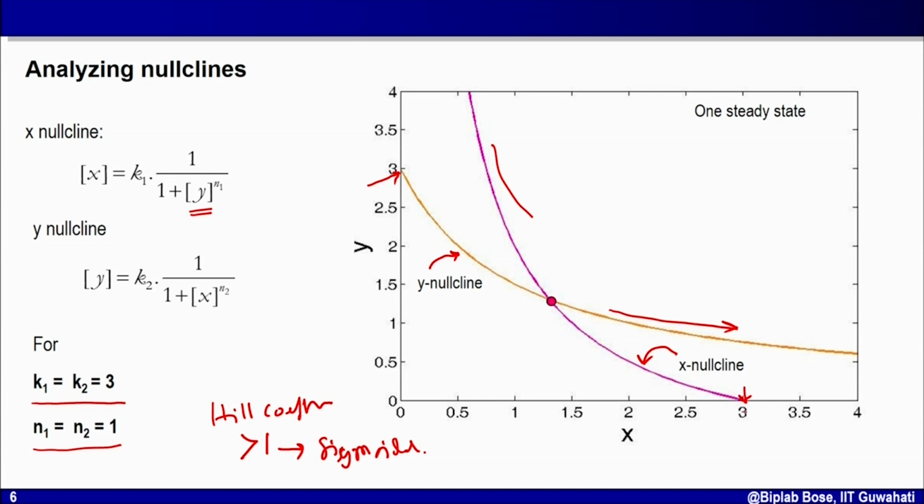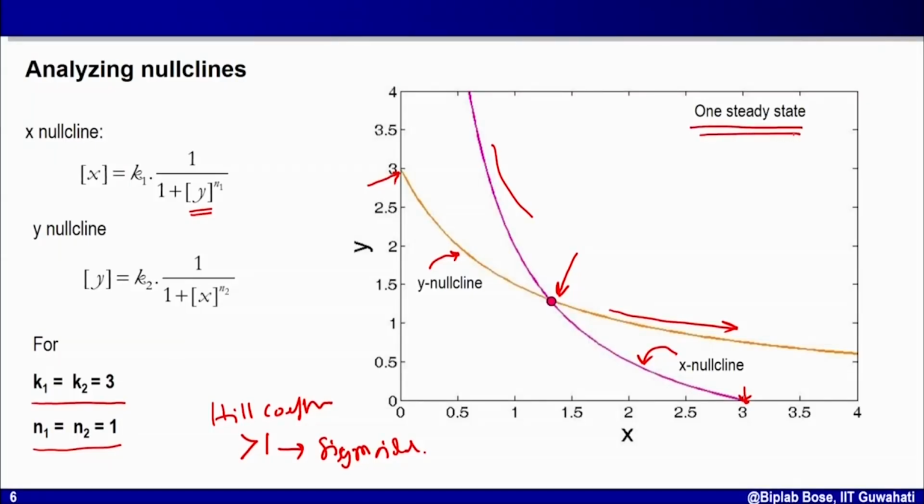So k1 is 3, so it will intersect at this position. So I have two hyperbolic curves, and as you can see, they are intersecting at only one position. So that is my steady state for this system. That means when n1 and n2 are equal to 1, this system has only one steady state.